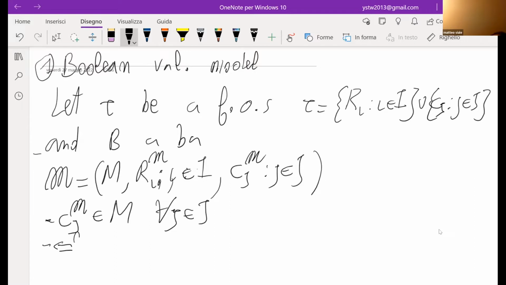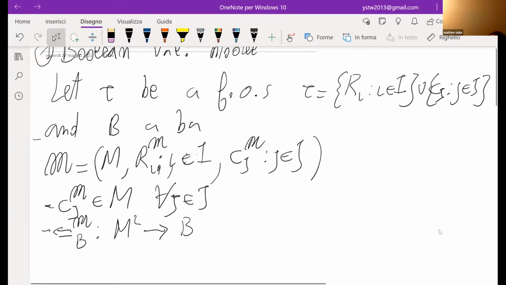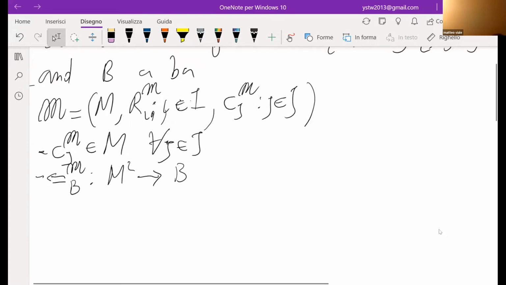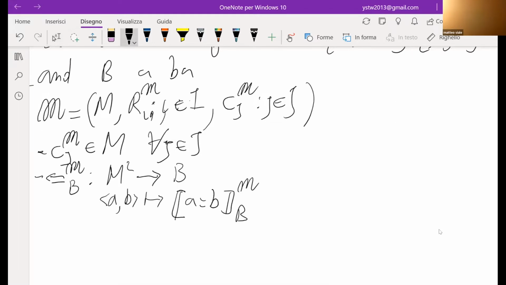Well, first we have an interpretation of equality, which is a binary map from couples of elements of M into the Boolean algebra, and which interprets the equality. And we have then similarly an interpretation of each relation symbol that goes from M to the arity of the relation symbol, and it assigns an element of the Boolean algebra.